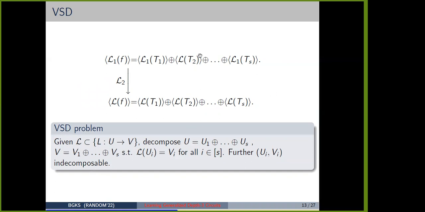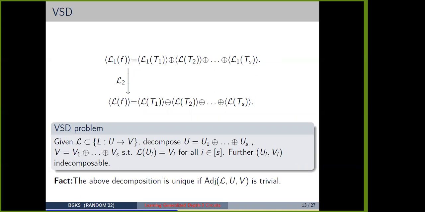Note that the setting we have after applying linear operators satisfies this. It's just a special case of the vector space decomposition problem. And as it turns out, if the adjoint algebra of L, U, and V, this tuple, is trivial, then we also get uniqueness, which we were looking for.